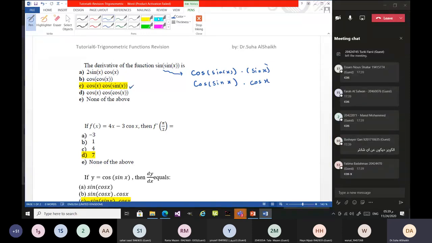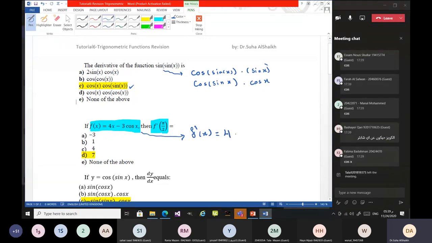Now they are giving you this function: f of x equals 4x minus 3 cosine x. What is f dash of pi over 2? So you have to find the derivative of this one. The f dash of x: the derivative of 4x is 4, right? And the derivative of the cosine is what?